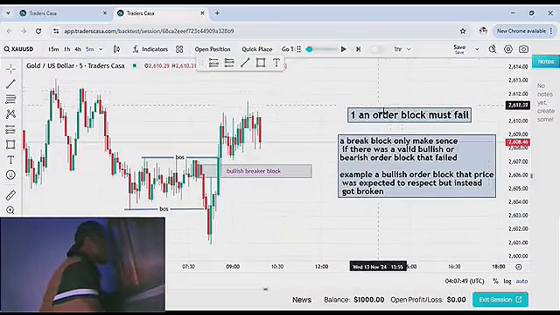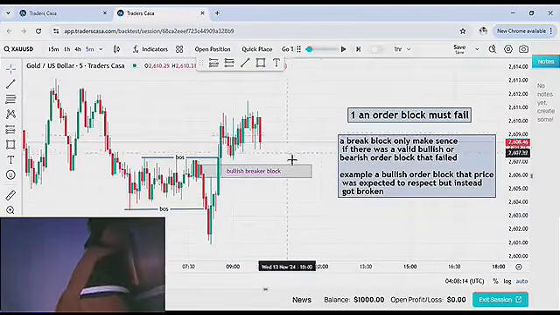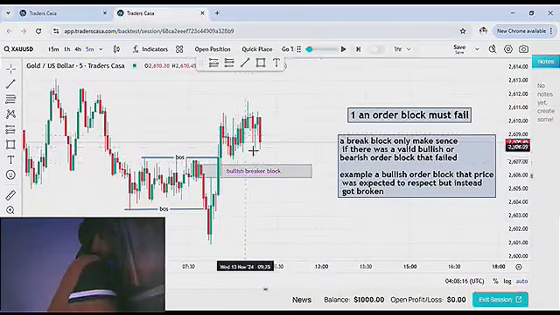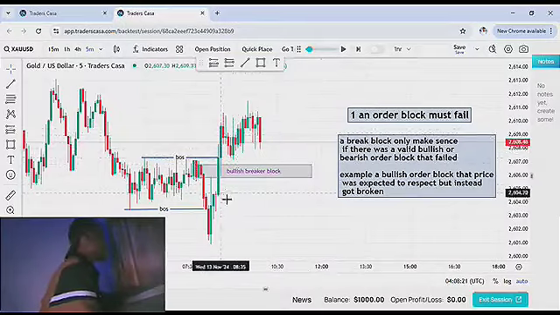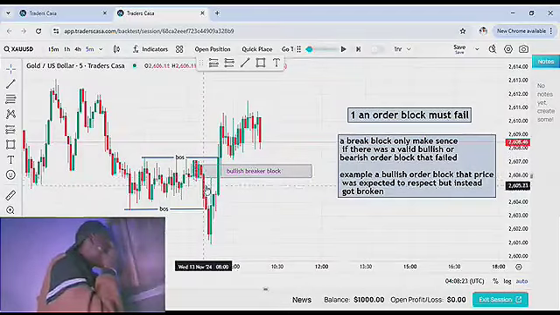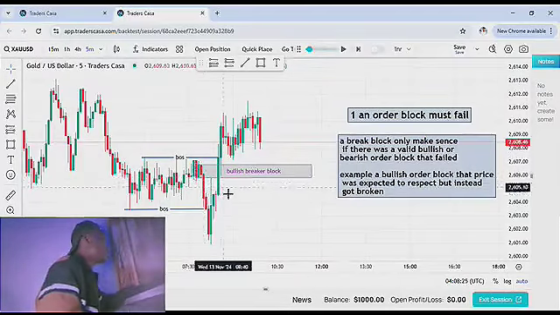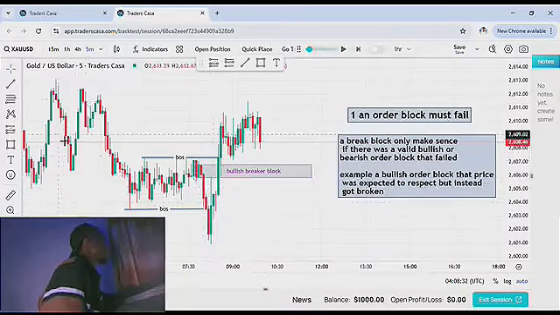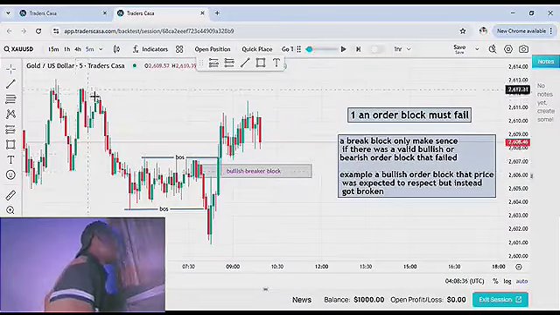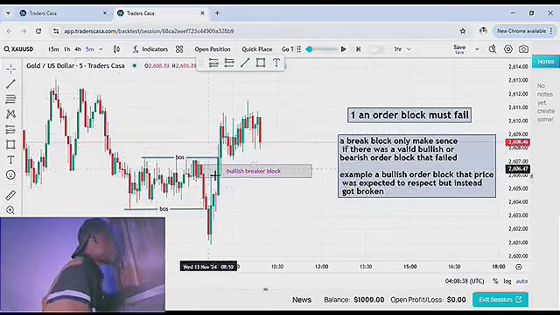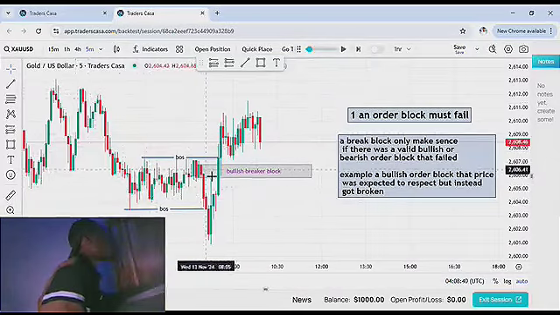As you can see in this diagram that I'm using for an example, this is an order block. Price was supposed to come and retest it. You can see it was moving in a downtrend, a lower high, a lower low, a lower high, a lower low. So right here we expect price to come back to this order block and respect it to continue.